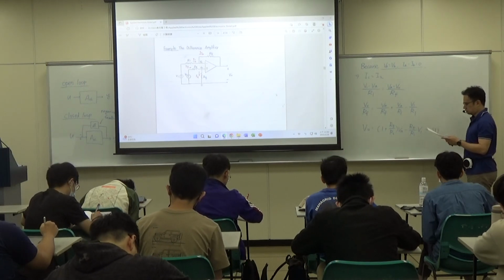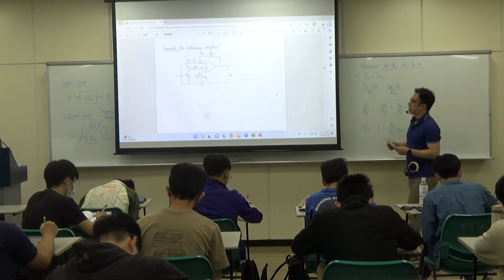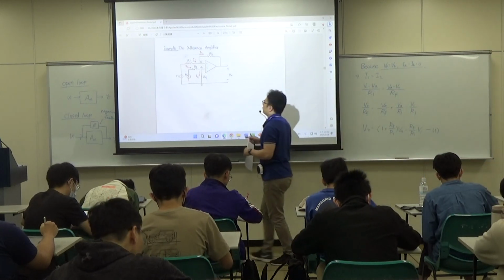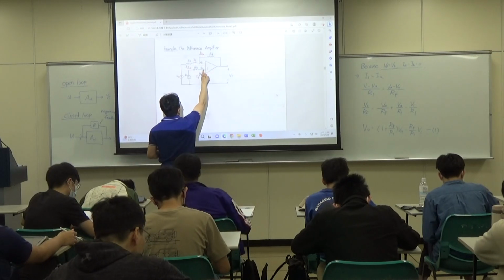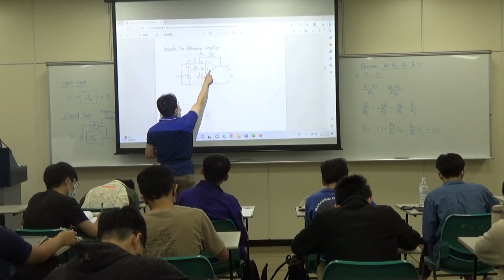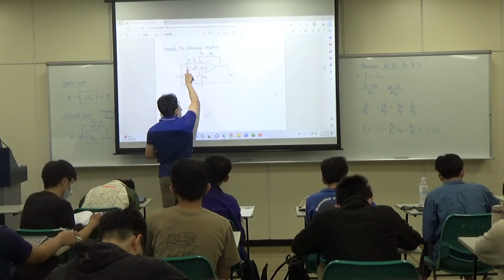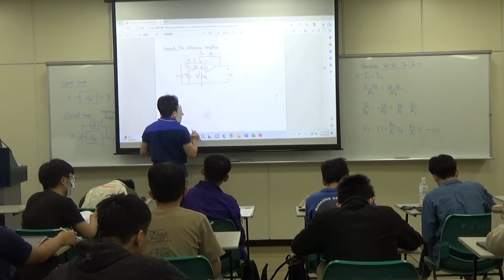So this is the first equation, and then we look at node B. Because no current goes into the operational amplifier, we have I3 equals I4.